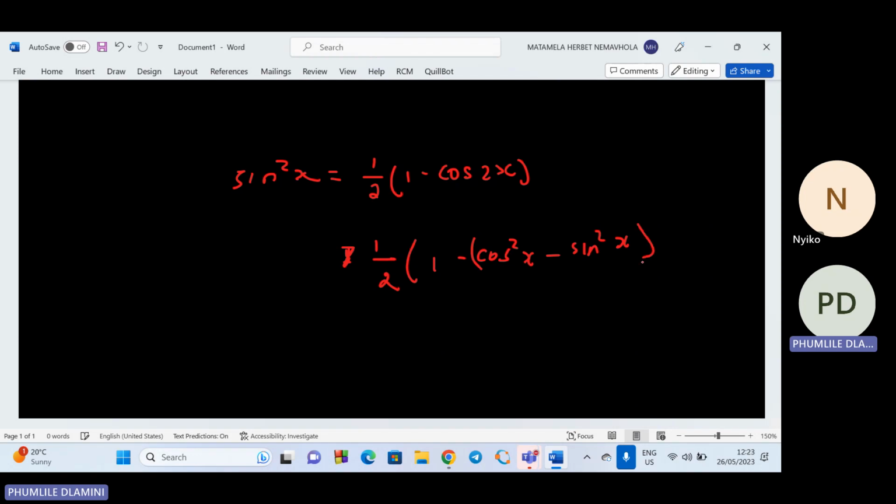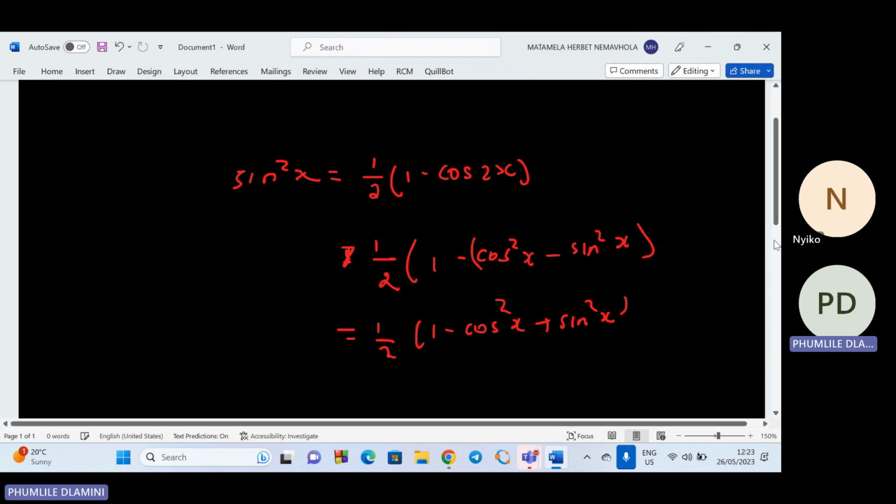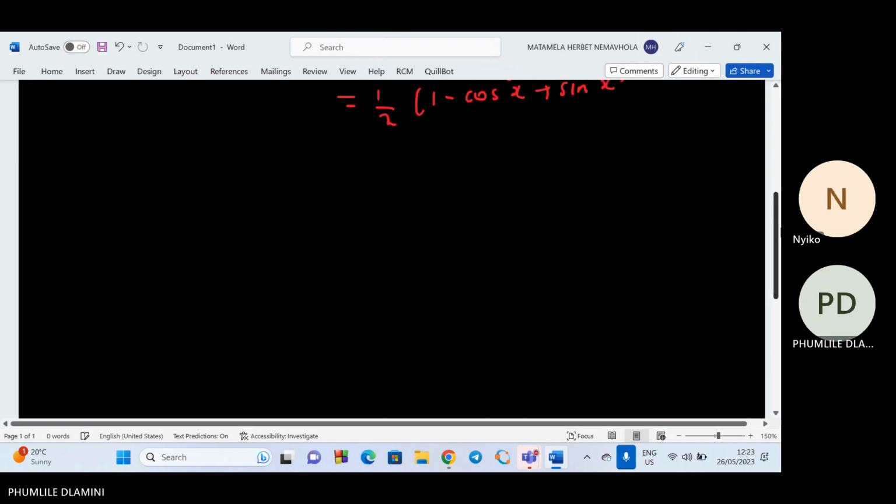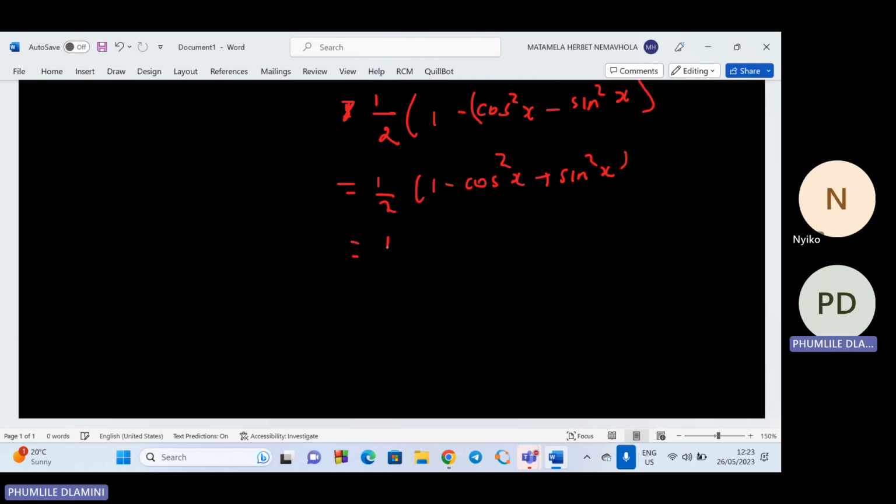So this is going to be equal to 1/2 in brackets 1 minus cos squared x plus sine squared x. If we multiply everything by 1/2, we're going to have 1/2 minus 1/2 cos squared x plus 1/2 sine squared x.